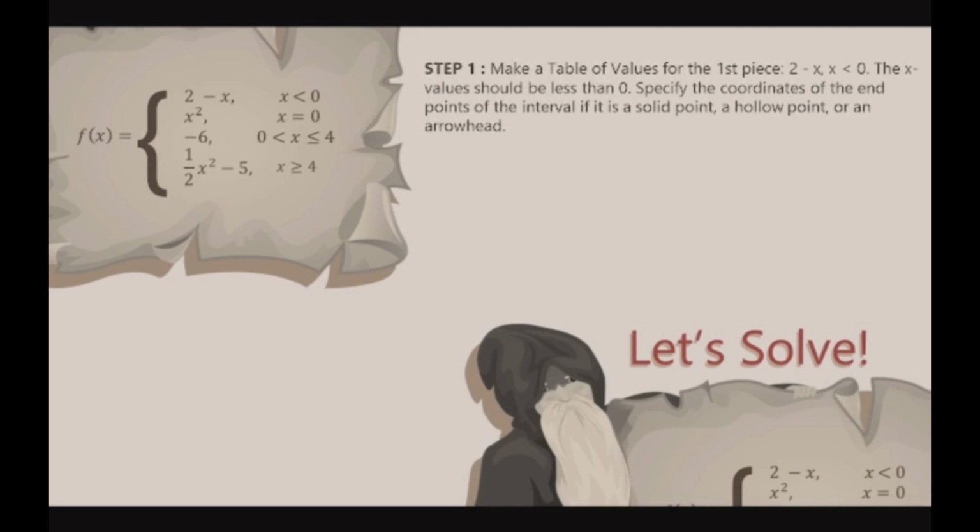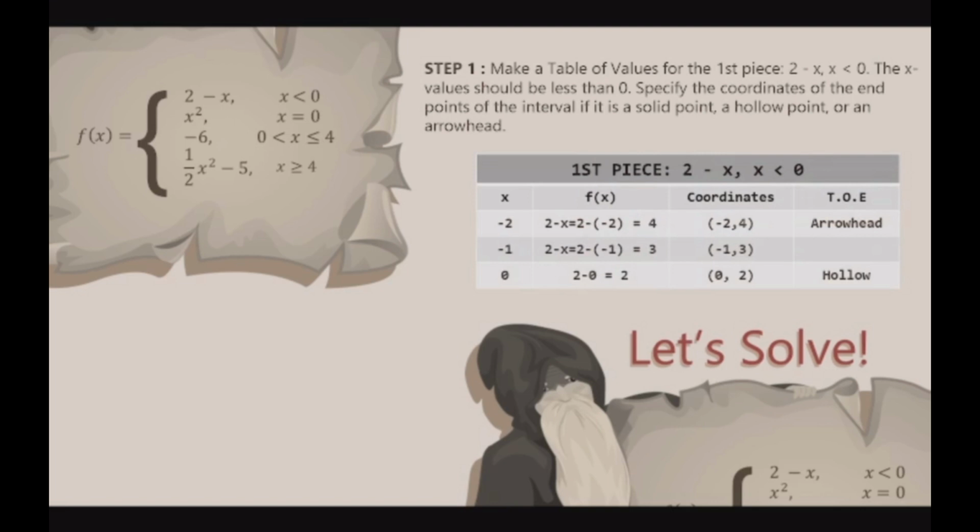Step 1. Make a table of values for the first piece, 2 minus x if x is less than 0. The x values should be less than 0. Specify the coordinates of the endpoints of the interval, if it is a solid point, a hollow point, or an arrowhead. For the first piece, let us find the values less than 0: 0, negative 1, and negative 2.